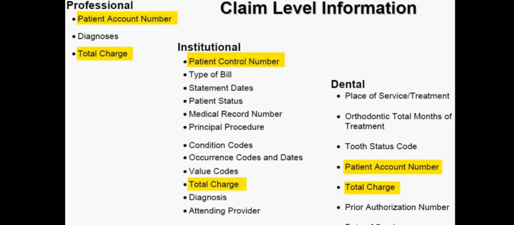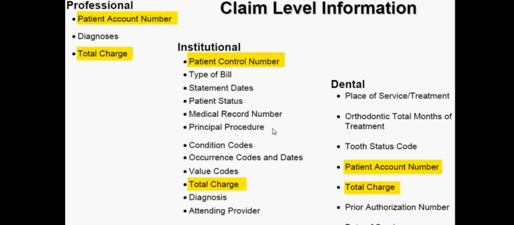Like for example, if I'm hospitalized for about 1 week, then from the first day of the week to the last day of the week, that would be the statement date. The patient status, that means am I still, I don't know what condition I was. Medical record number, simply a number. Principal procedure codes. So remember we have talked about those CPT codes and HCPCS codes. So these codes that we need to put here.